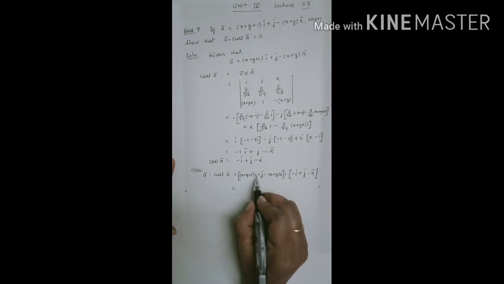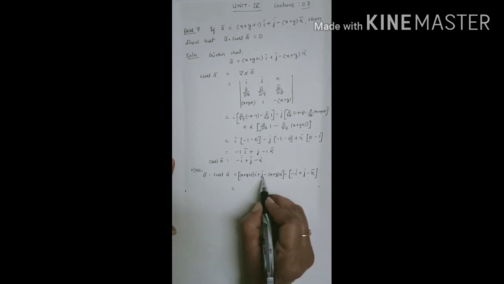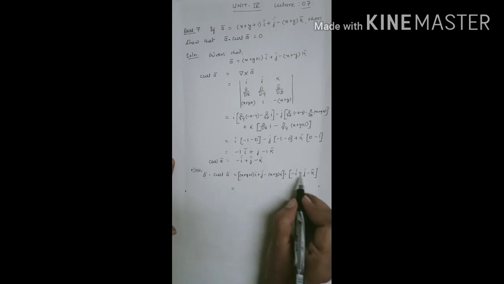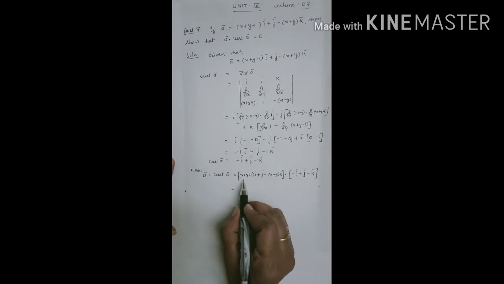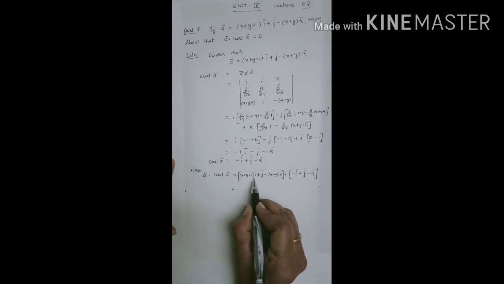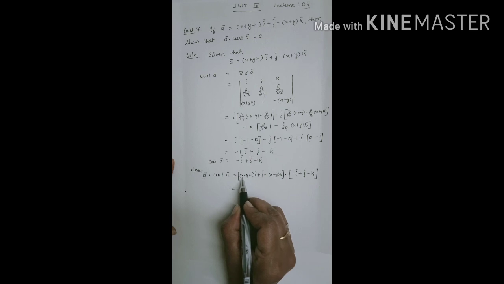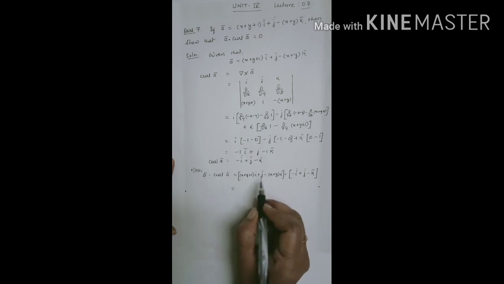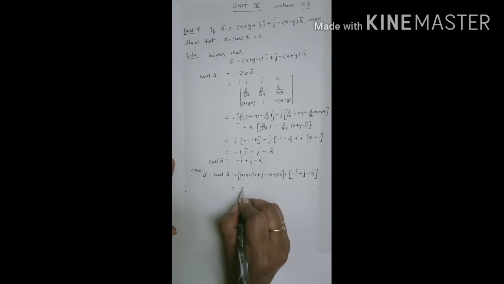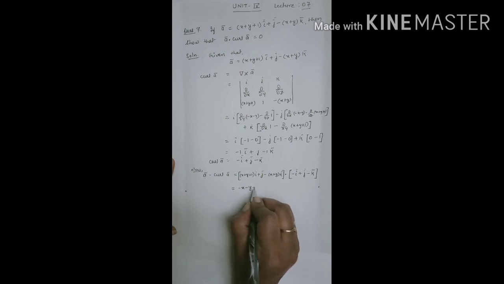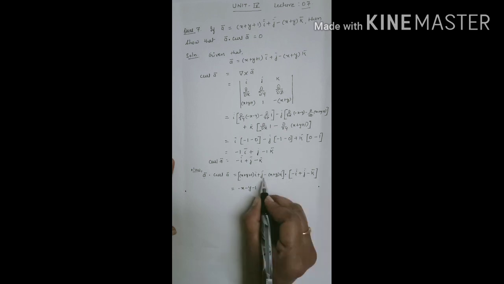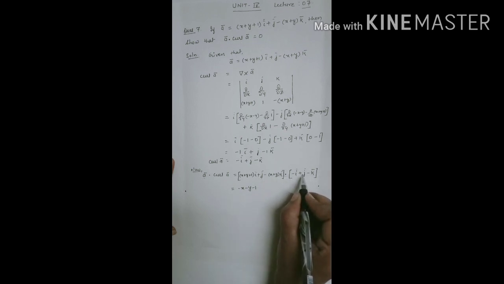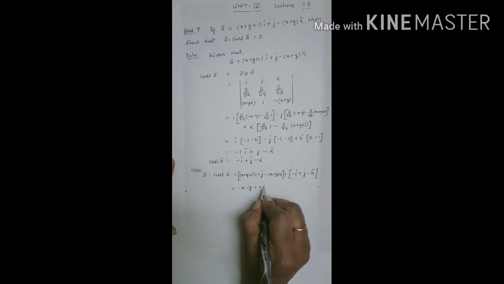So dot product means i component will be multiplied, i square will be 1, ij and ik will be 0. All of you know how to perform dot product. So this gives you minus 1 into x plus y plus 1, minus times of x plus y plus 1 i square. i square is 1, so you have minus x minus y minus 1. This is for i. For j plus j square, that gives you plus 1.